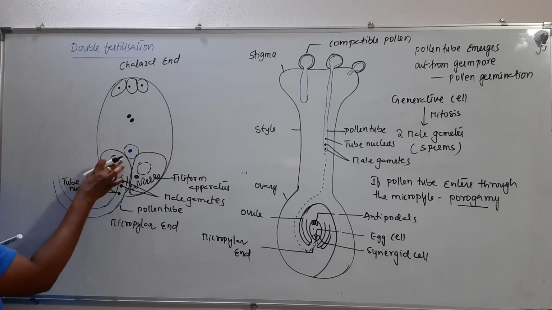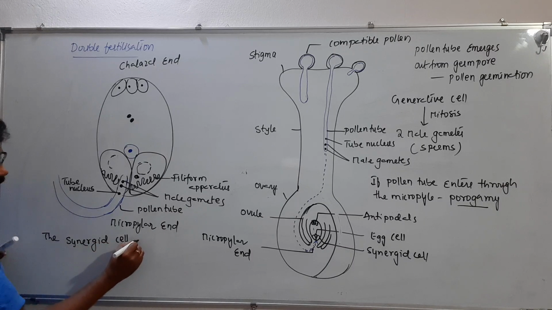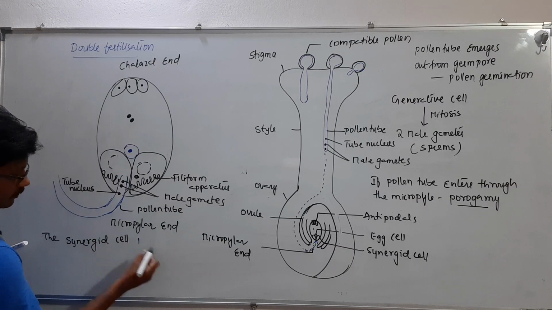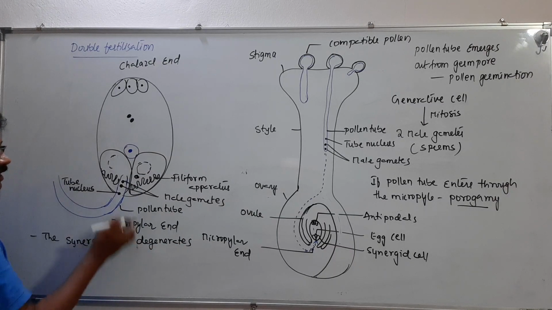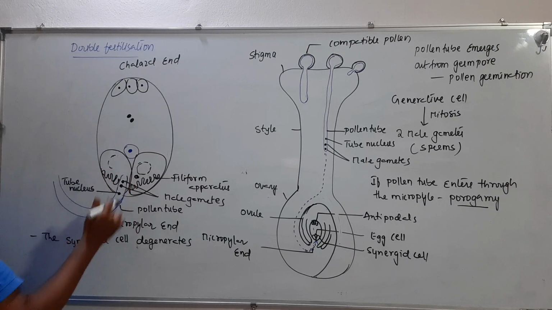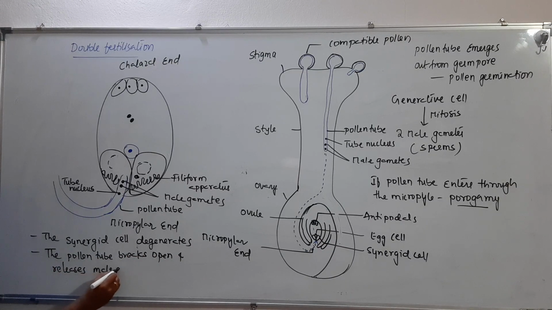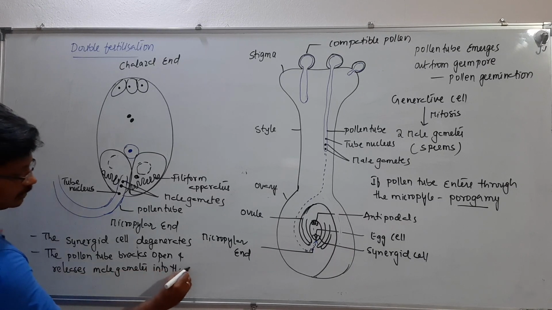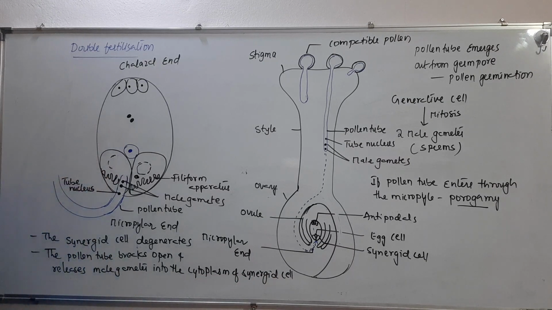By this time the synergid might have undergone degeneration. So the synergid cell degenerates, and the pollen tube breaks open and releases the male gametes into the cytoplasm of the synergid cell.